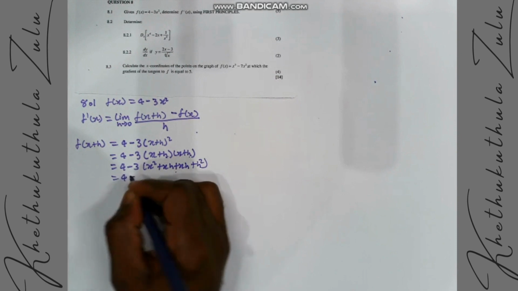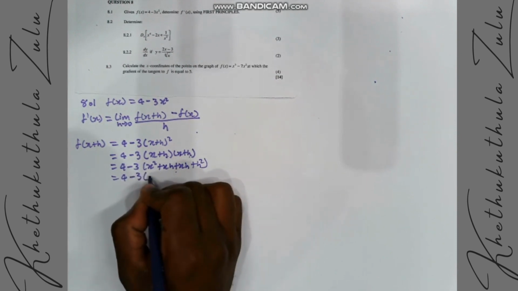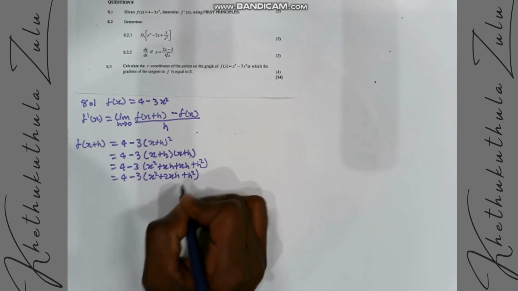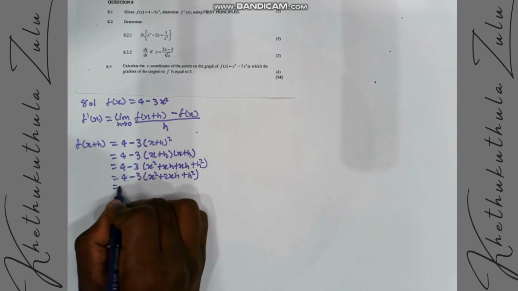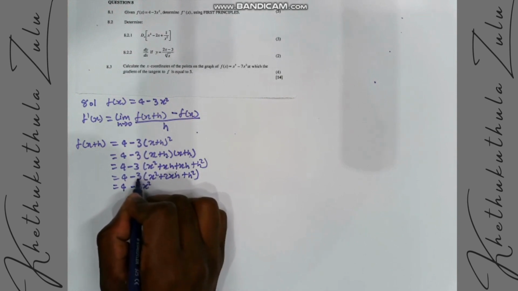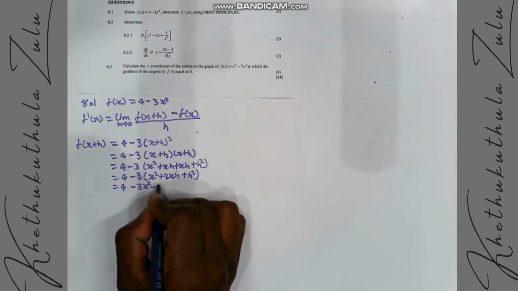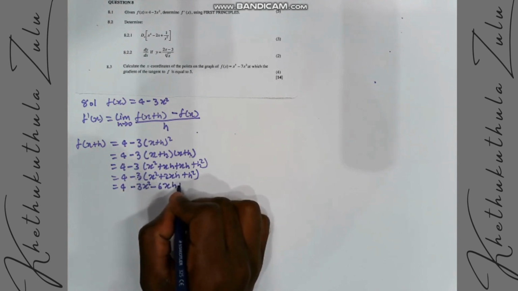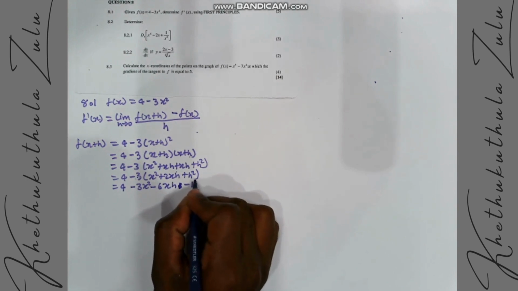So 4 minus 3 and then x squared, the like terms give 2xh, and then h squared. Then 4 minus: this times this is 3x squared, and this times this is minus 6xh, negative 3 times plus h squared is negative 3h squared.